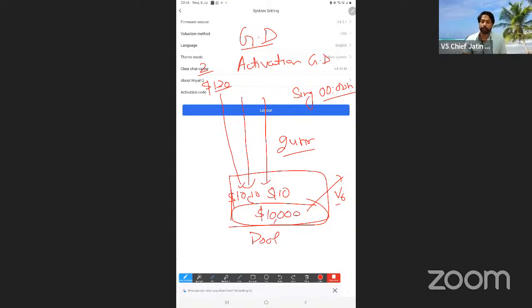It will be divided between V6 every day at midnight in Singapore, because Royal Q servers are placed in Singapore. So this is the activation global dividend. When you become a V6, you will be earning some additional money every single day from the people across the globe who are joining Royal Q.